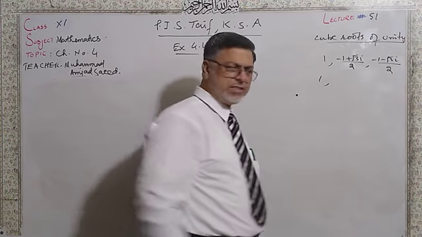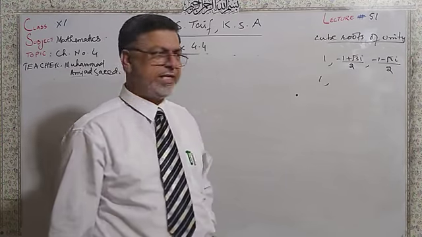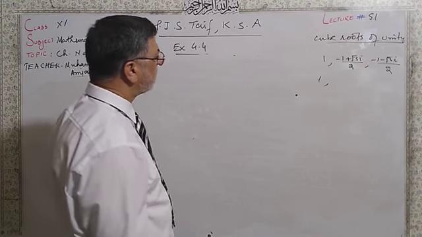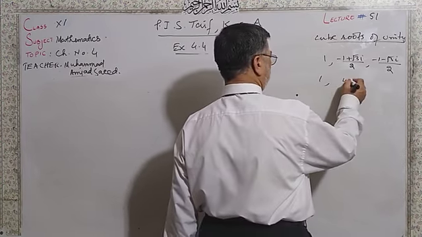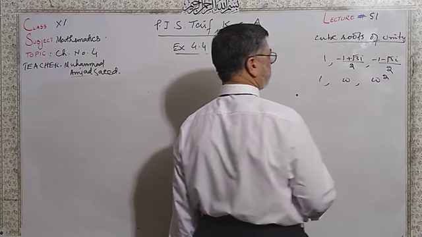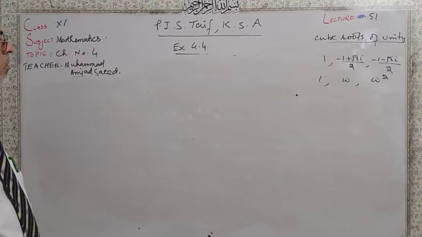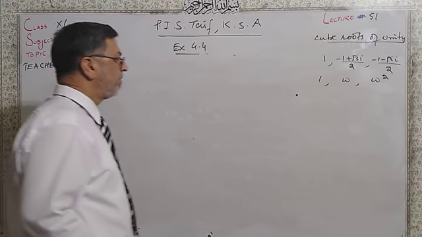You have seen these in your previous class, 10th class, in chapter number 2. This is 1, this is omega, and this is omega squared. So the cube roots of unity are 1, omega, omega squared.